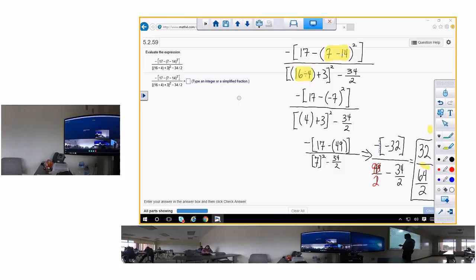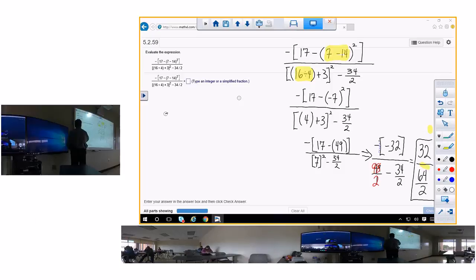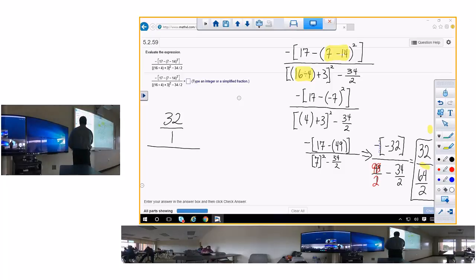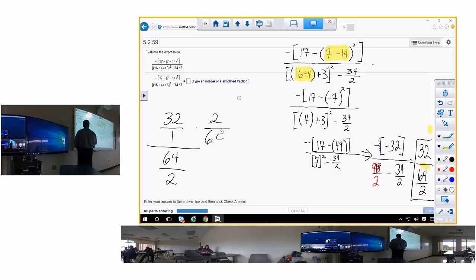And I'm going over here, and I'm going to change that 32 into 32 over what? 1 divided by 64 over 2. And now what do I do? Multiply by the reciprocal. So I'm going to multiply by 2 over what? Look at there.